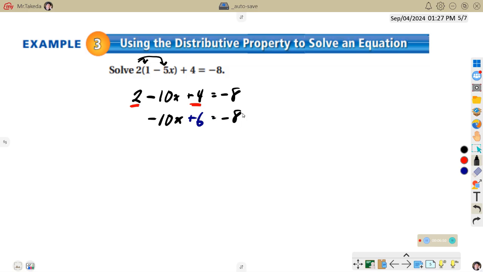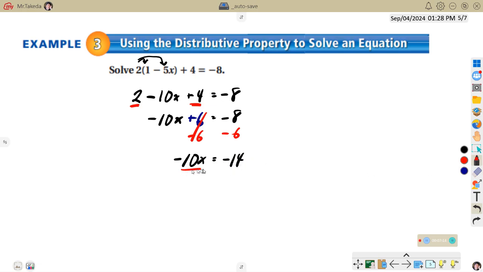So now we're back to that two-step equation that we had previously, multiplication and addition. So I'm going to subtract 6 first. 6 minus 6 is just 0. So negative 10x equals negative 14.